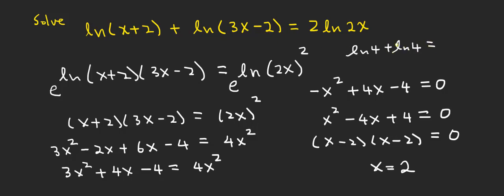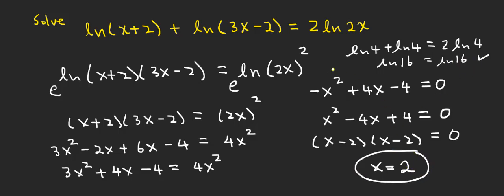Is that equal to 2 natural log of 2 times 2, which is 4? Well, you know that that's going to be natural log of 16. When you add natural logs, you multiply 4 times 4. And the 2 becomes an exponent, so you get natural log of 16 as well. So that is the solution.